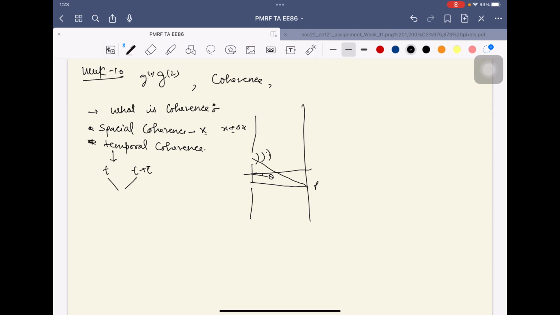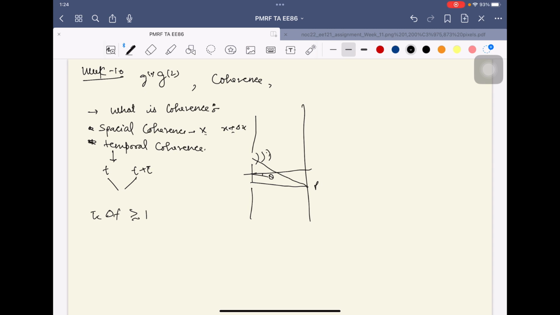Now if we go to the relationship between the coherence time and the bandwidth, if we have coherence time tau c and spectral width delta f, then their product should be greater than or equal to 1. So this is the relationship between coherence time and the bandwidth of the source.